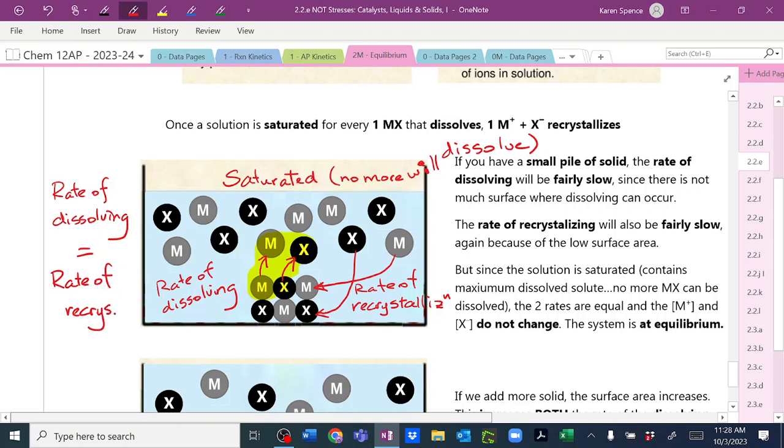Those two are equal. Now, I have a little tiny pile there, so I don't have much surface area. If there's not much surface area, what can you say about the rate? The rate will be comparatively small.